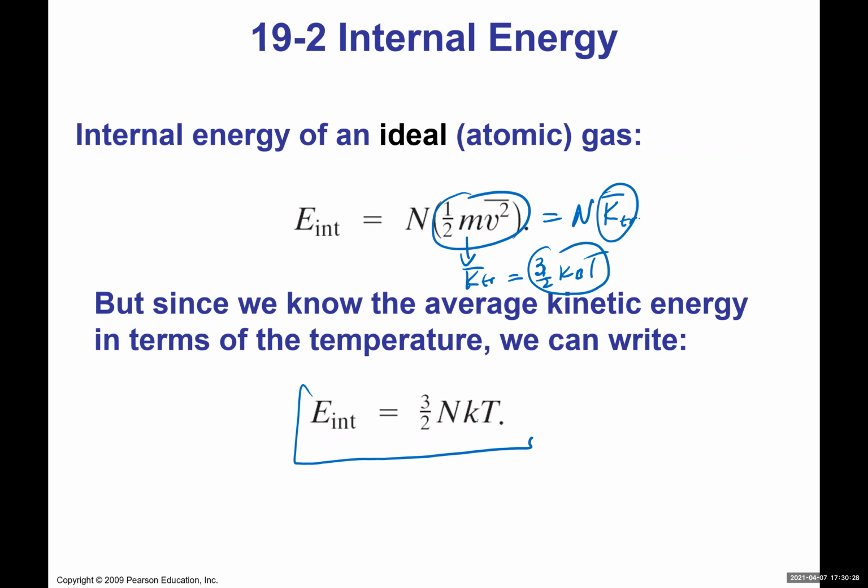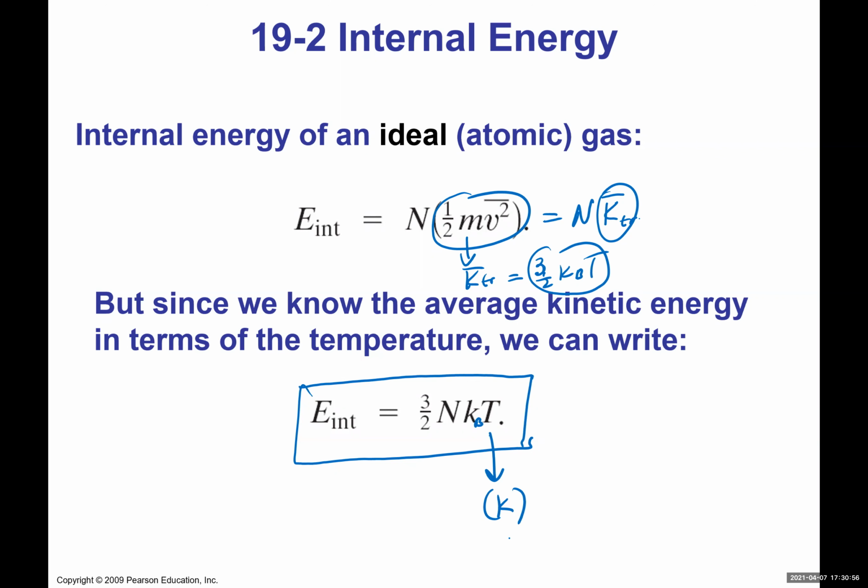Again, I like to put the B over here because K can also be used for other things, so that there's no confusion about which K that is. That's the Boltzmann constant, N is the number of molecules or particles that you have, and T is temperature, which must always be in Kelvin. Okay, because that's not a delta T, that's just a T.